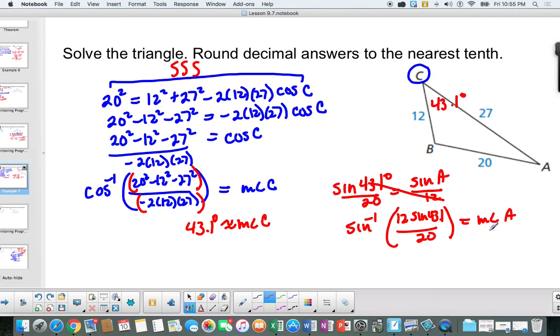All right, let's go ahead and put that in. Sine inverse, and then I'm going to put 12 sine of 43.1 divided by 20, and I'm getting approximately 24.2 degrees. So 24.2 degrees. Subtract from 180 to get that last angle.